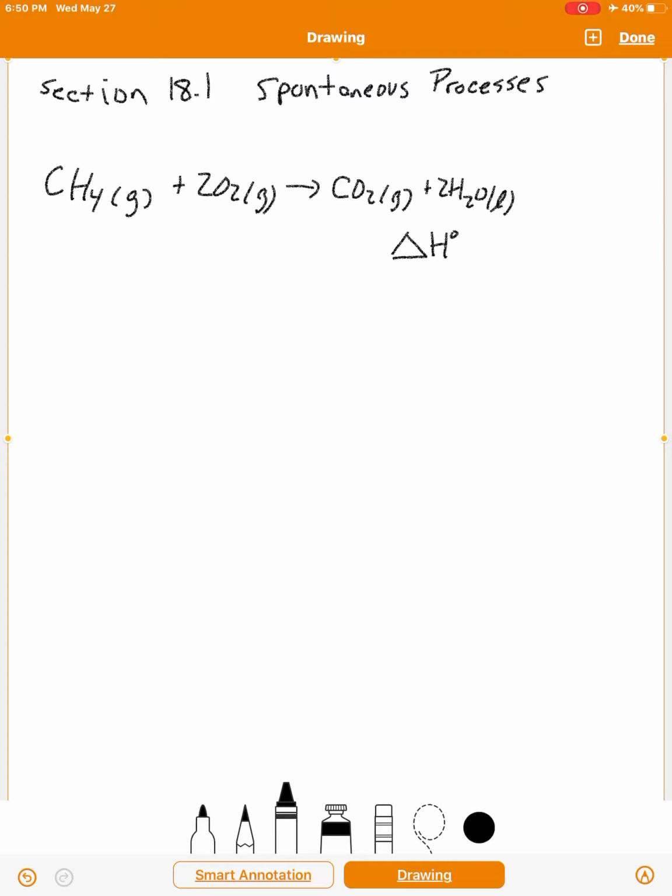and it's also highly exothermic. If you remember, delta H, the enthalpy change for a process, is a measure of heat transfer under constant pressure. So if the heat is transferred out of the system, in this case the reaction, and into the surroundings, we would call that an exothermic process.